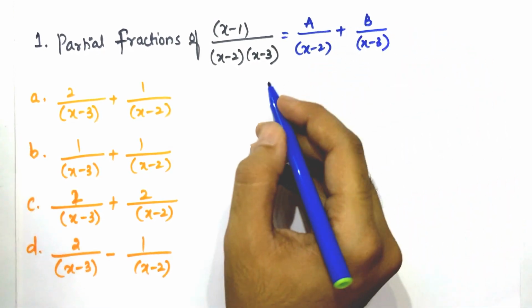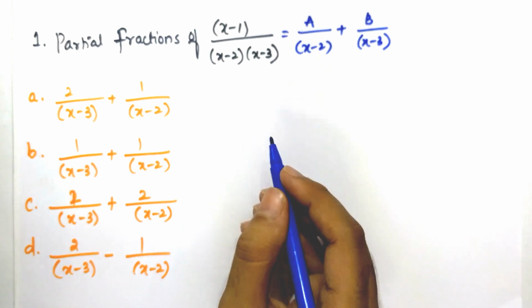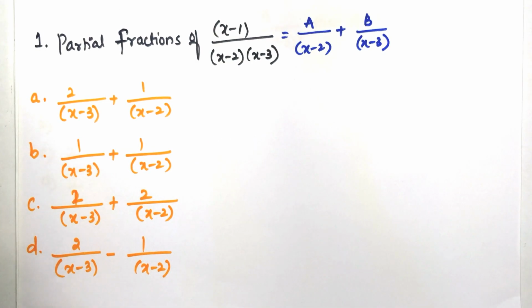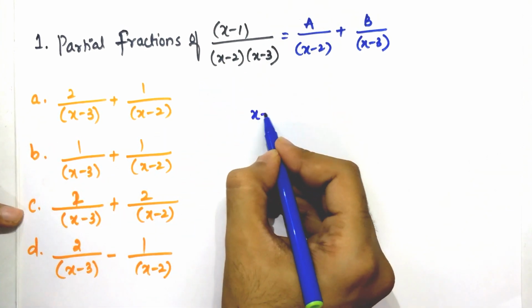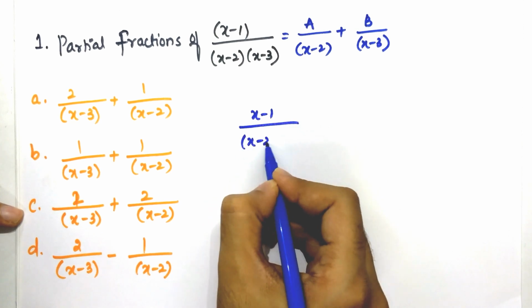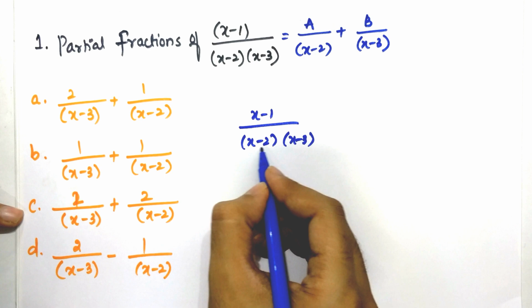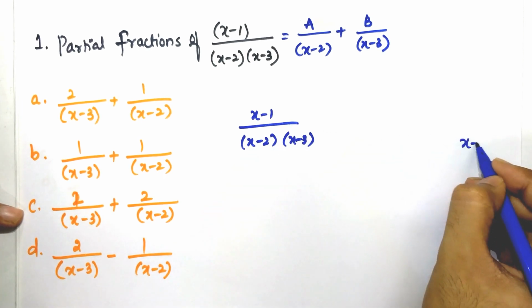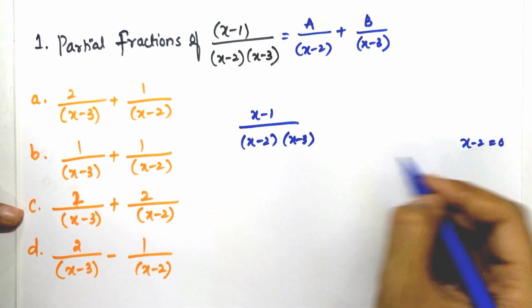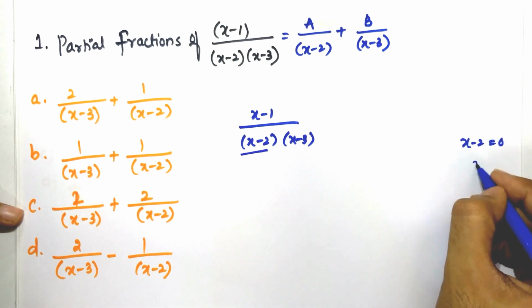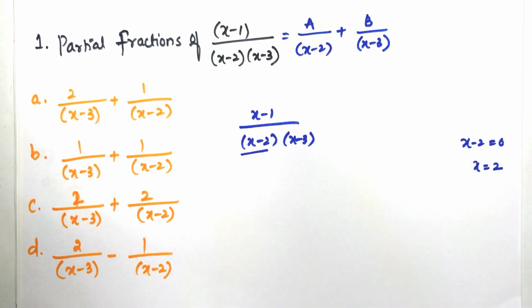By using the hide and seek technique you can get the answer within 2 or 3 seconds. Write down the question x minus 1 by x minus 2 into x minus 3. Equate the first term with 0: x minus 2 is equal to 0. From this we get the value of x as 2.